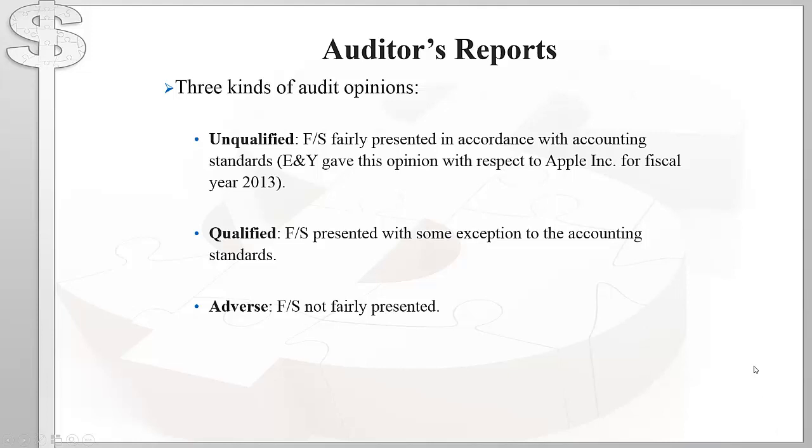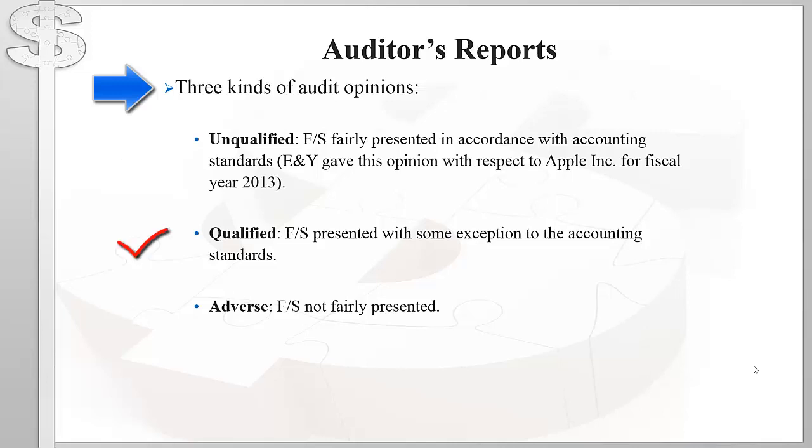Now, there are three kinds of audit opinions. The unqualified opinion tells us that the financial statements are fairly presented in accordance with the accounting standards and that the financial statements are completely reliable.